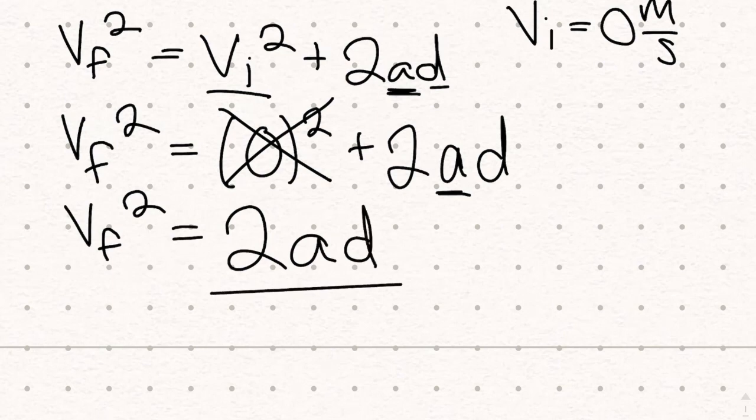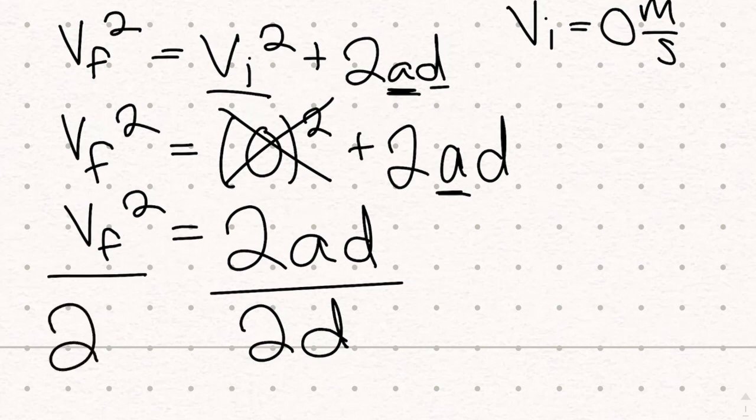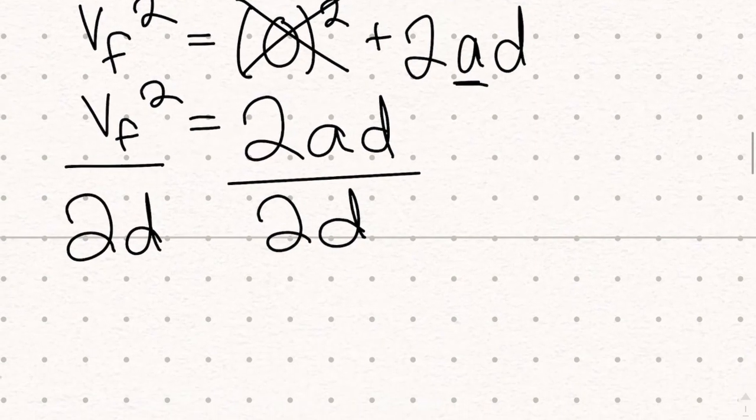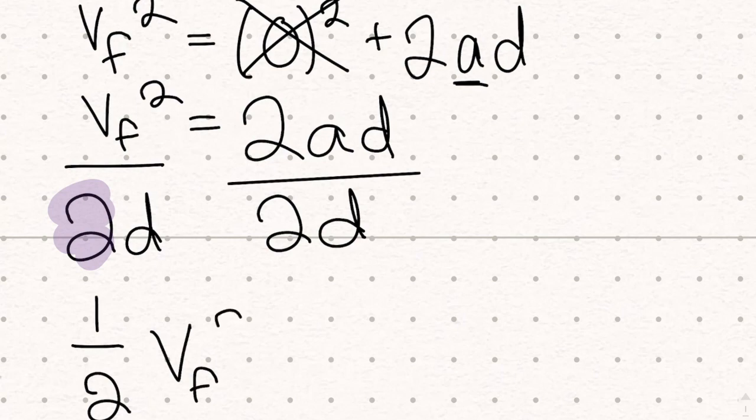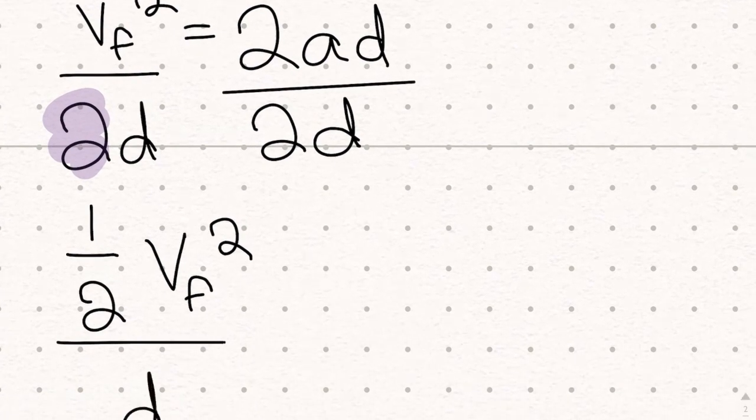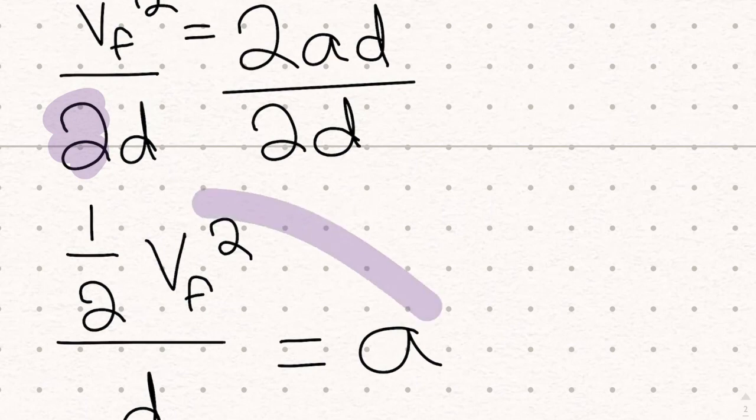We have 2AD. To get acceleration all alone, we're going to divide by 2 times d. And so now we end up with, if I take this 2 and pull it out, that'll be 1/2, velocity final squared divided by distance equals acceleration.